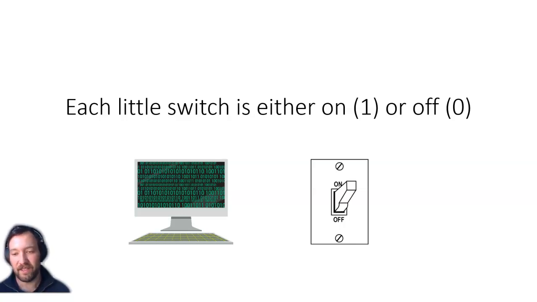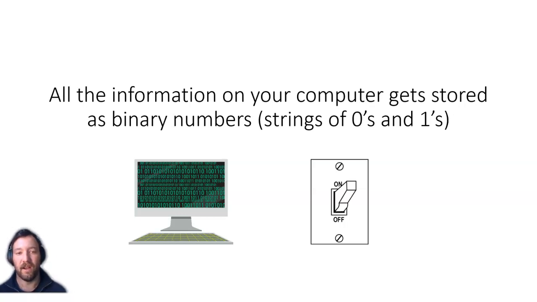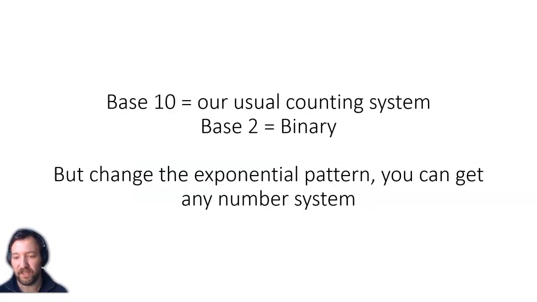And that's why all the data in the computer, all the information on your computer gets stored as these strings of 0's and 1's. And that's why binary is kind of the low-level representation of numbers. That's why binary gets used when representing information in computers. Okay, there's many other examples of other number systems that are useful. Binary is just the most sort of popular one.